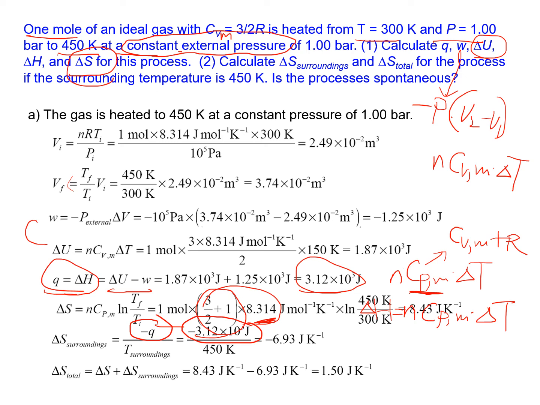That gives you the surrounding entropy. The total entropy is calculated by the sum of the system and the surrounding. That gives you 1.5 joule per Kelvin. And because the total entropy increases according to the second law, this process should be spontaneous.